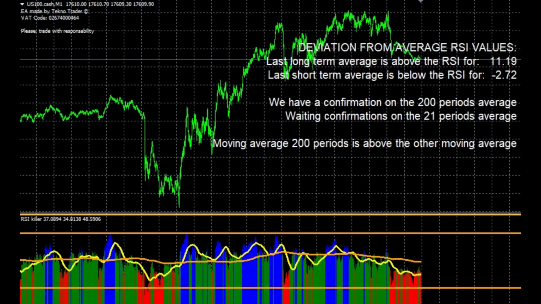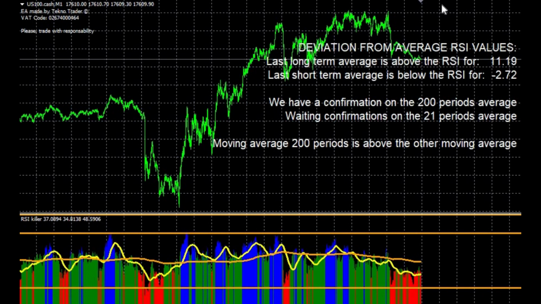Also, we have a confirmation because we wanted the distance to be higher than 10 points between the RSI and the moving average, and this condition is verified on the 200 period average. So it could be significant for a reversal on a long trend.